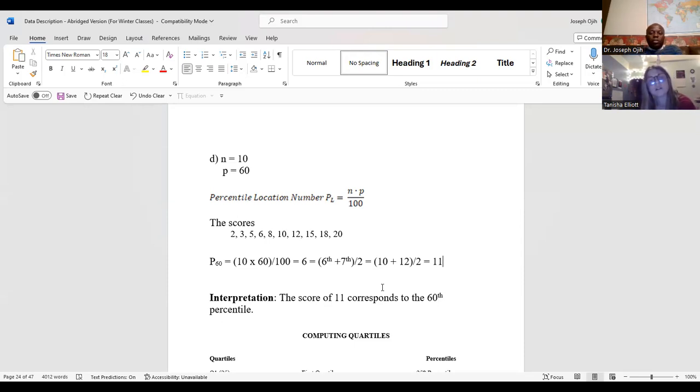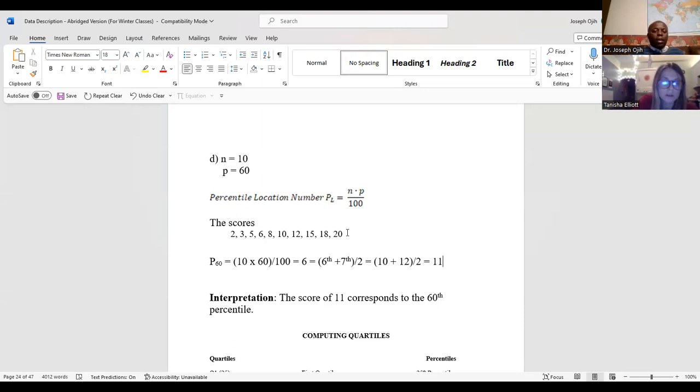Yeah, if you get 3, you do the third number plus the 4th number divided by 2. But if you get 3.1, you use the 4th number. Just go right to the next number if it's a decimal. But if you get a whole number without a decimal, you use that number plus the next number divided by 2.